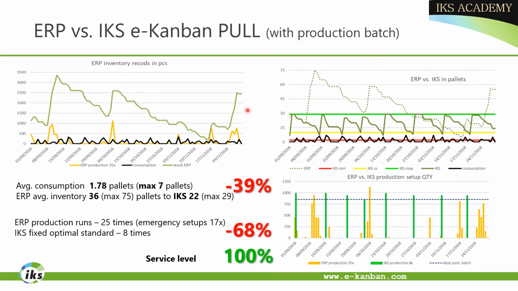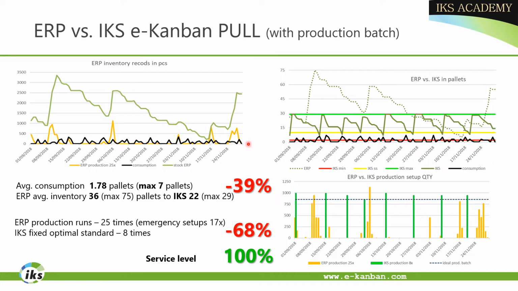So what we do with our customers is recalculate the situation. We take the deviations, the spikes, the optimal production lot size, frequency, and so on. And we standardize the inventory to such a level as to give a 100% service level to the customer.